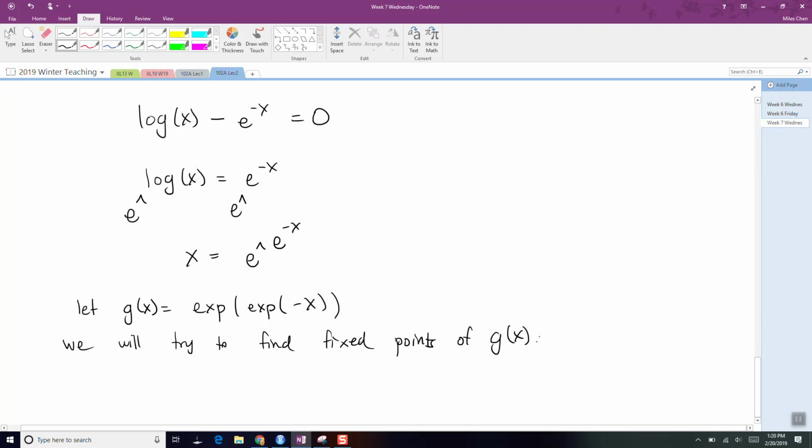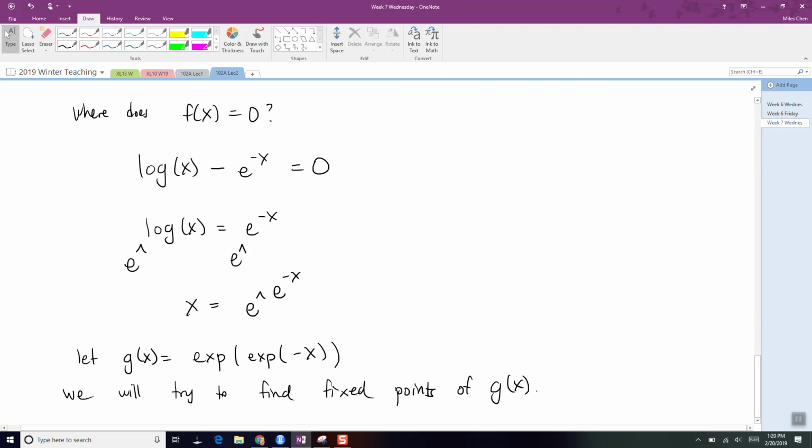All right, so we've taken our f of x and we've rewritten it into the form of it being x equal to some function. Okay? There's other ways this could be done, right? There's other ways to rewrite. Okay, so I could have done log of x minus e to the negative x is equal to 0, and I could have just said let's add x to both sides.